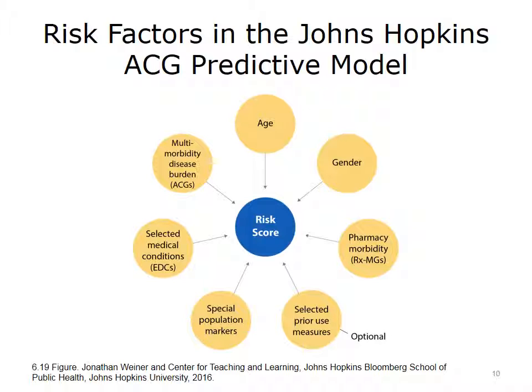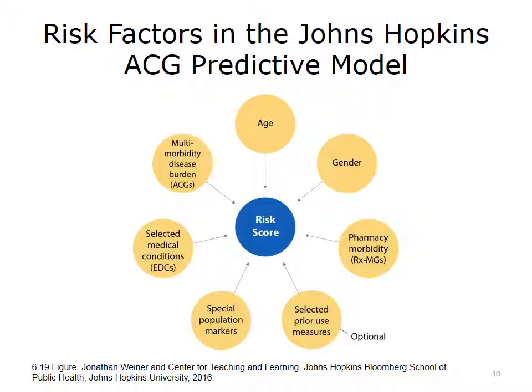So, for example, if one organization is very efficient and tries to keep people out of hospitals, they would be penalized because their people would have a lower risk score. And they would receive a lower capitation fee than an inefficient organization that has a lot of patients hospitalized. So again, the choice of the model is very important depending on its application.